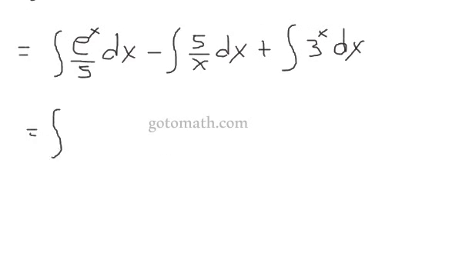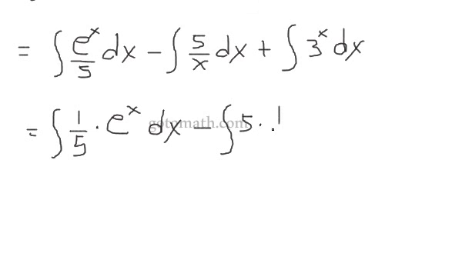And so remember, this is really the integral of 1/5 times e to the x dx minus, and we could also say this is 5 times 1 over x dx. And of course this is not necessary in working this problem, but I thought I would show you that you can do this.